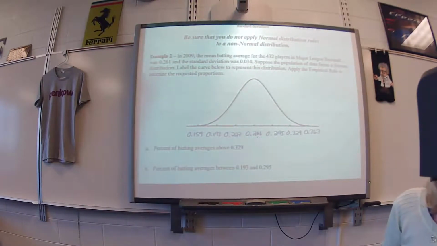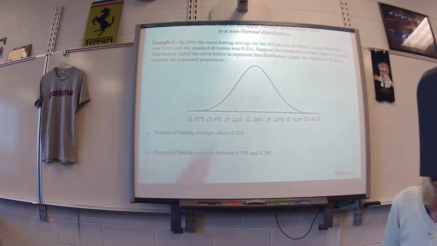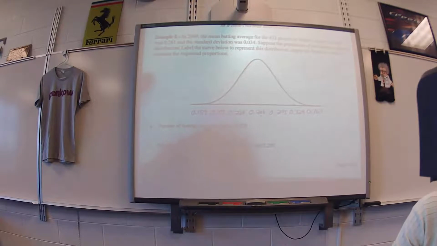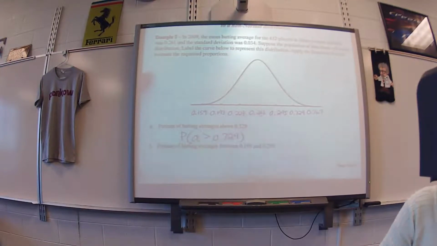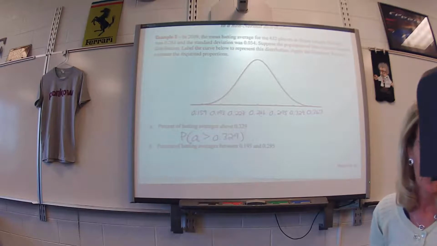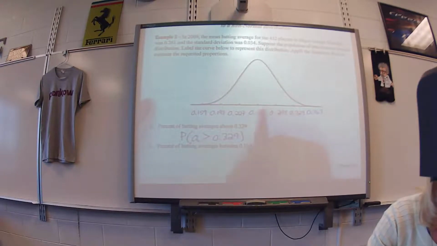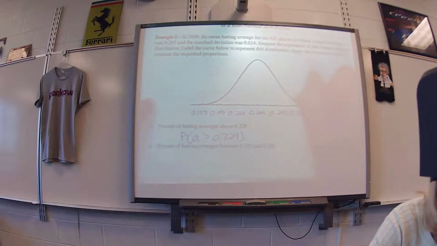But now what we can do is we could say what percent of batting averages were above 329. All right, so just to emphasize notation, I'm going to do this again. Percentage of batting averages that were above a 329. So we can come up here and look at this and say, okay, the 329 was marked at 2 standard deviations. But we want to go above that.